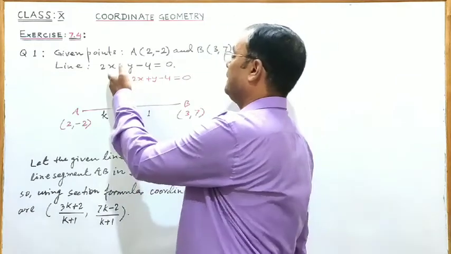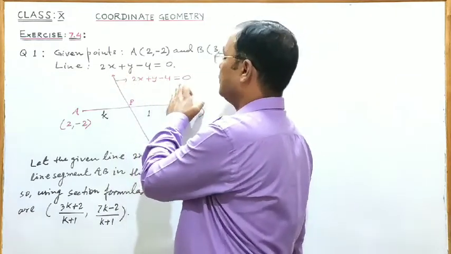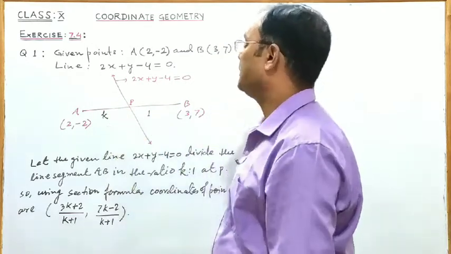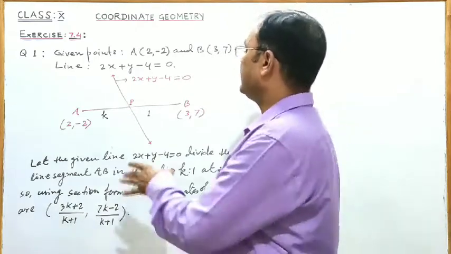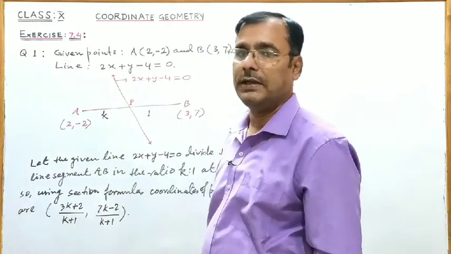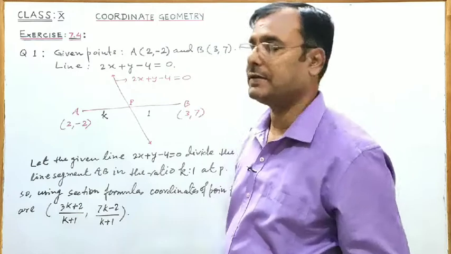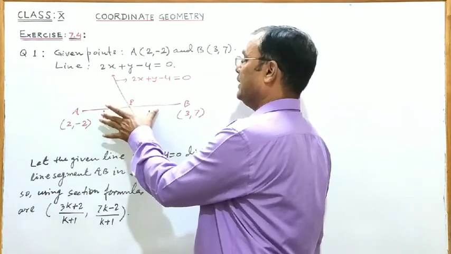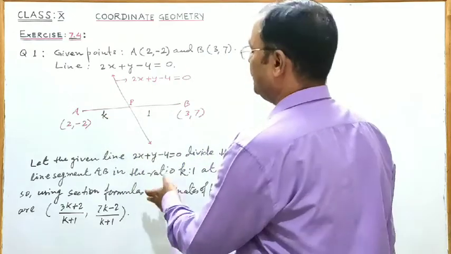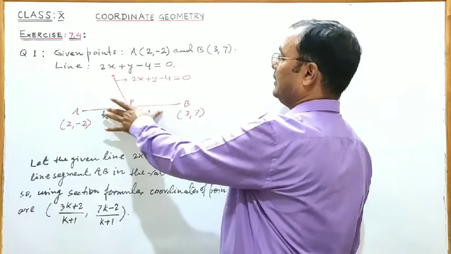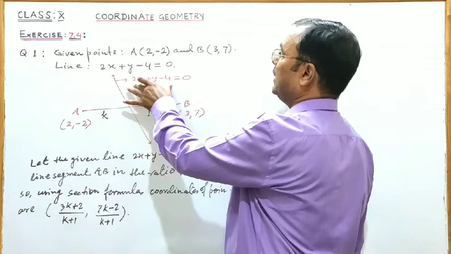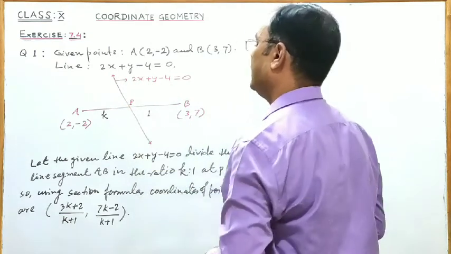Actually this line 2x plus y minus 4 equal to 0 divides this given line segment in the ratio k is to 1 at point P. Since point P lies on the line segment, also lies on the given line 2x plus y minus 4 equal to 0, that's why we are saying that this point P divides the line segment in the ratio k is to 1. Which is the same as dividing this line segment by this given line 2x plus y minus 4 in the ratio k is to 1.